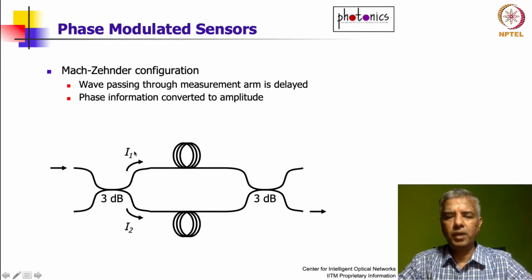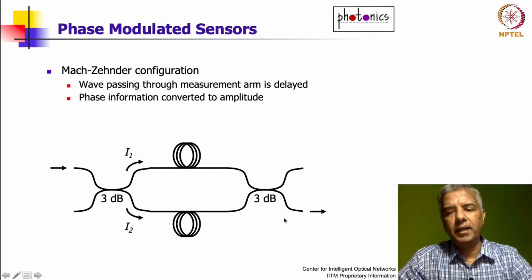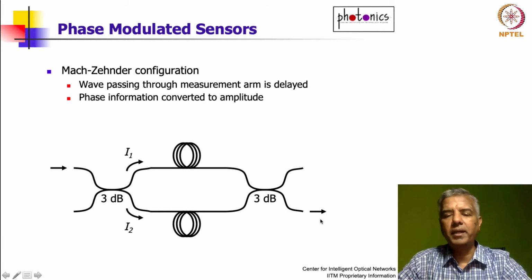Here you have mixing of these two intensities, and the fields corresponding to these two light waves, and then you have a combined product over here as well as here, but let's focus our attention on what's coming out here. What comes out here is based on the phase that it accumulates as it's propagating through the structure.